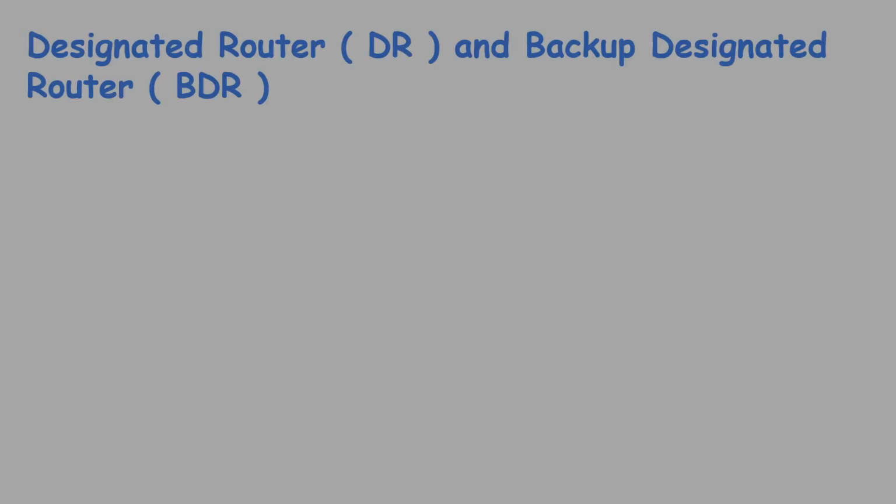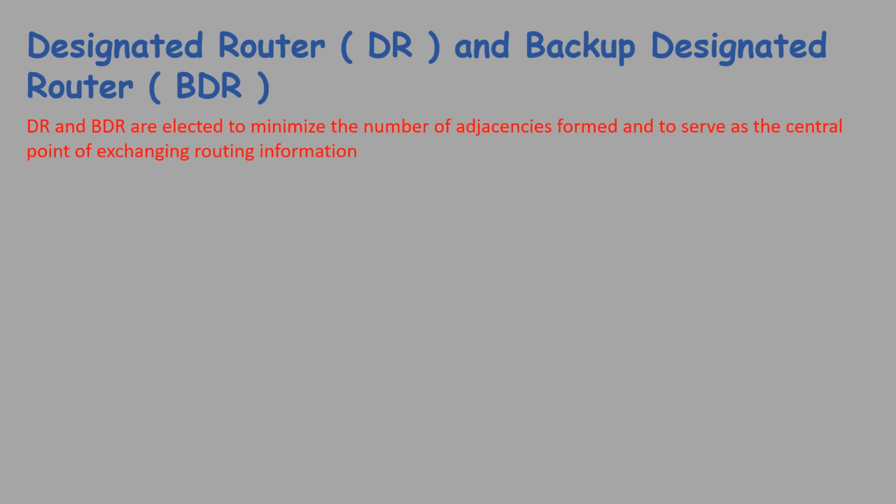Designated router DR and backup designated router BDR. Based on the network type, an OSPF router can elect one router to be the designated router and one router to be the backup designated router. For example, on multi-access broadcast networks such as a LAN, routers default to electing a DR and BDR. DR and BDR are elected to minimize the number of adjacencies formed and to serve as the central point for exchanging OSPF routing information.